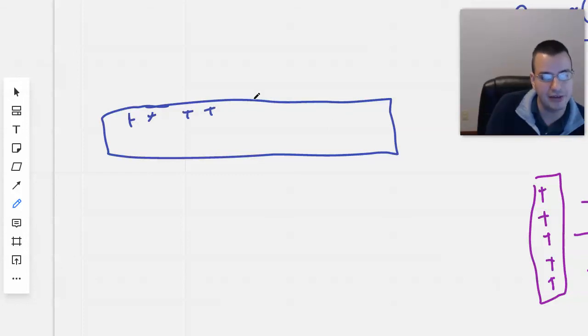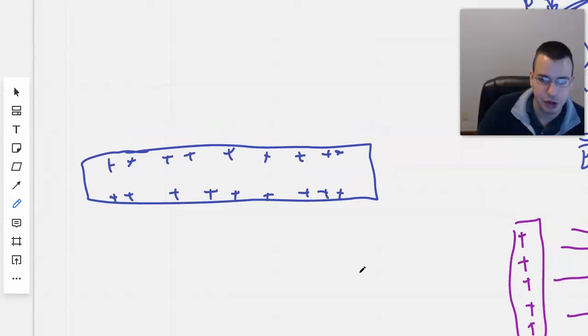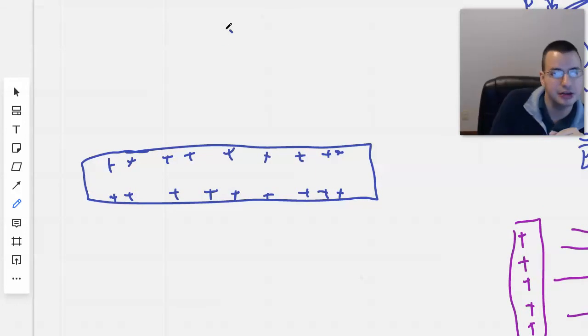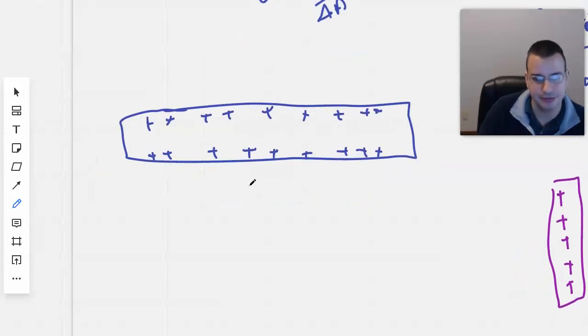Let's say you have a large charged plate, large meaning as far as you're concerned it's infinite, with a bunch of charges on it, and you're told that it has a surface charge density, sigma, which would be a small amount of charge for a small amount of area. And they want you to find the electric field.